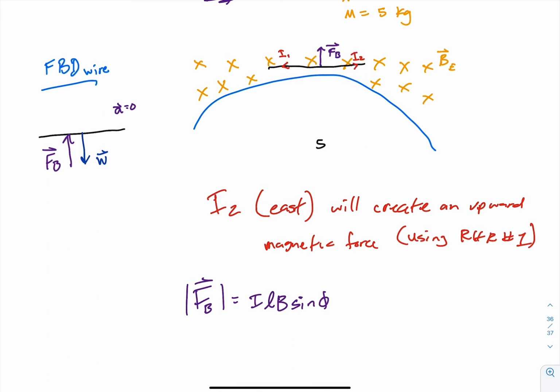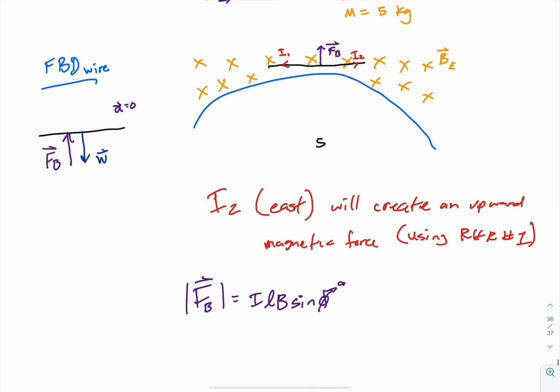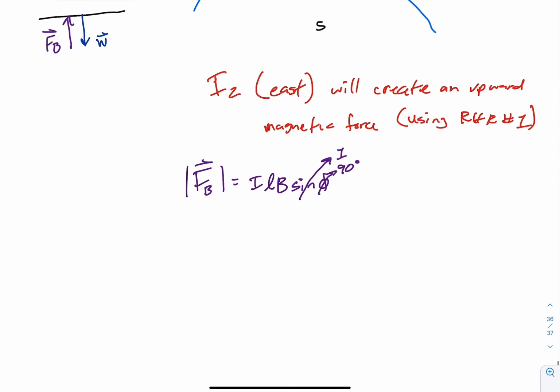If the magnetic field line is going into the page and I2 is going to the right, then you can imagine looking from this part and seeing them at 90 degrees. Well, if phi is 90 degrees, then the sine of 90 is, of course, 1. And so F_B's magnitude will be I L B.